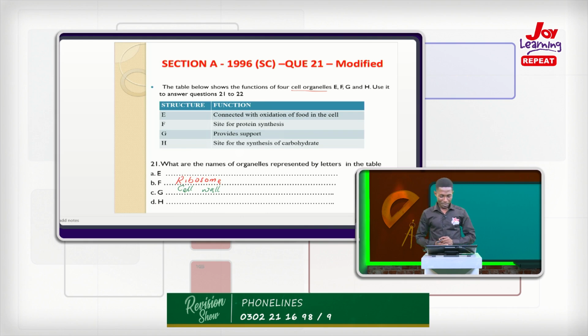Doris. Yes, sir. Please, I'm answering the E. Okay. It's mitochondrion. Wow, Doris, well done. Clap for yourself. Mitochondria. So the H, I want my student to help you.